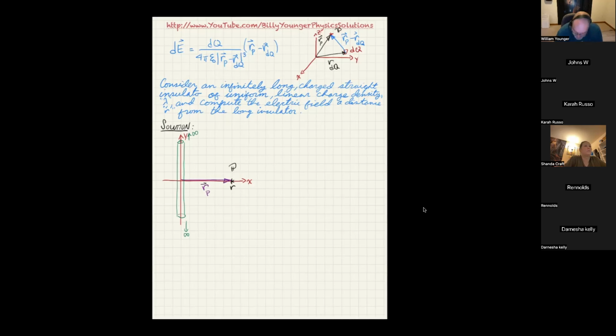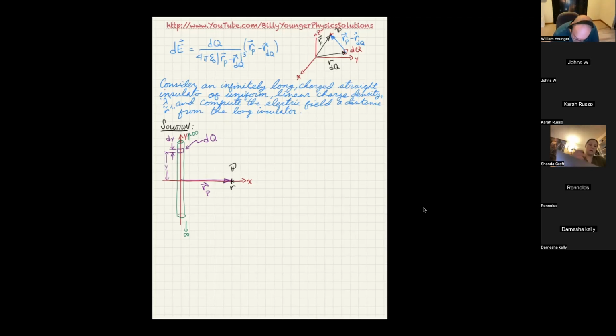Okay. Now I'm also going to imagine a little bit of charge on the actual insulator. This bit is what we're going to call dq. And what I will say is that thickness right there is dy, and this distance from here to here is y as well.